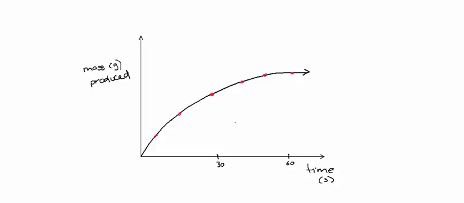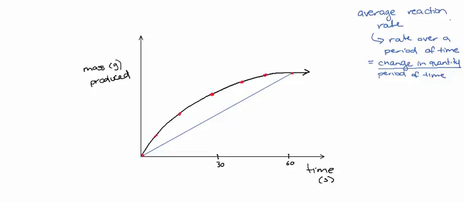So we can talk about the average reaction rate, or we can talk about the instantaneous reaction rate. So the average reaction rate is basically just the rate over a certain period of time, and you find it by looking at what the change in the quantity was, and you divide it by the time period.